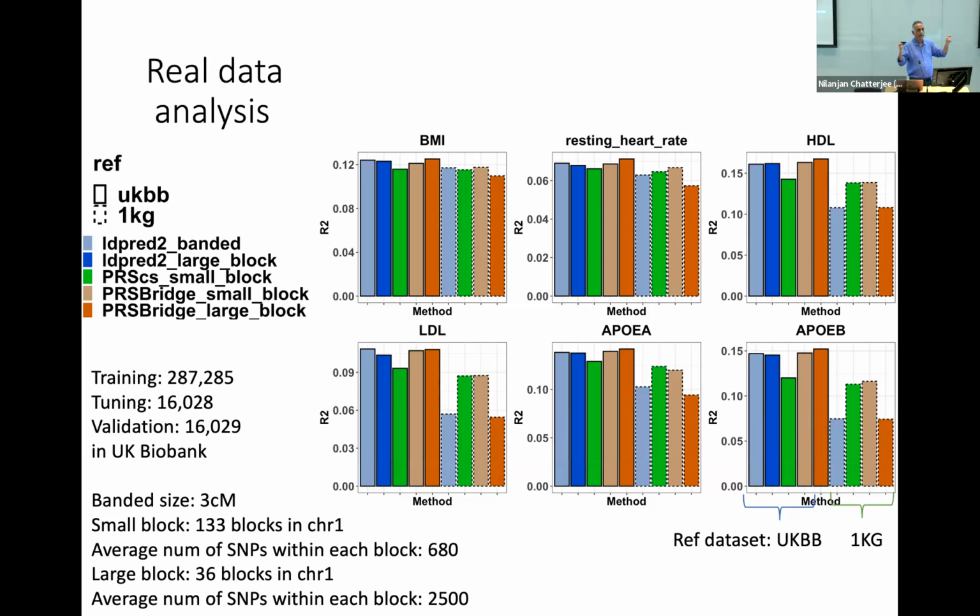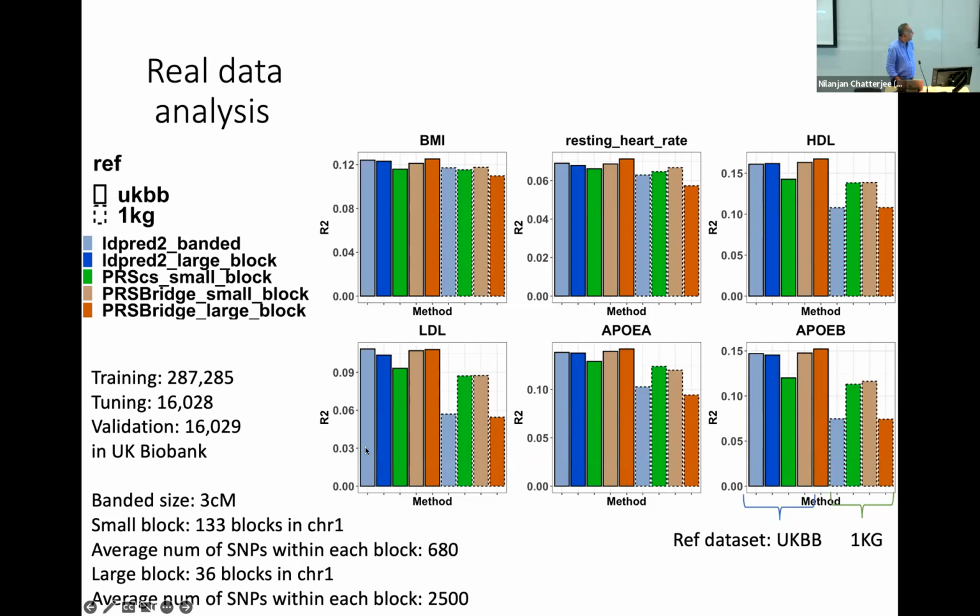Banded means that if the SNPs are far apart in the genome, they are expected to be uncorrelated. Or you can assume that you can nicely divide the genome into blocks, and within blocks you have correlation, and between blocks you do not have correlation. And then you can decide what the block size would be. We have two types of block: a large block and a small block. A small block on average contains 680 SNPs, and a large block contains almost 4 times more than that.